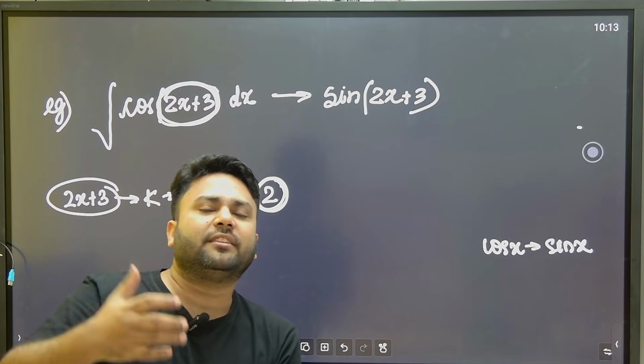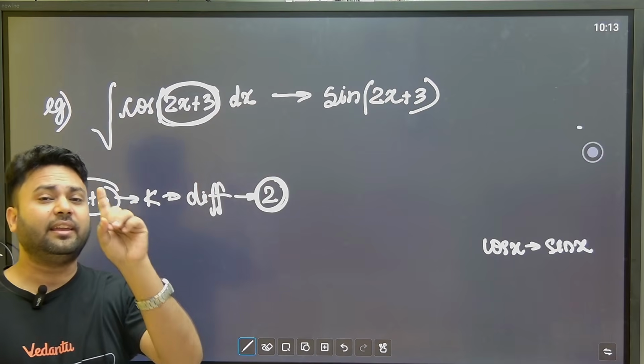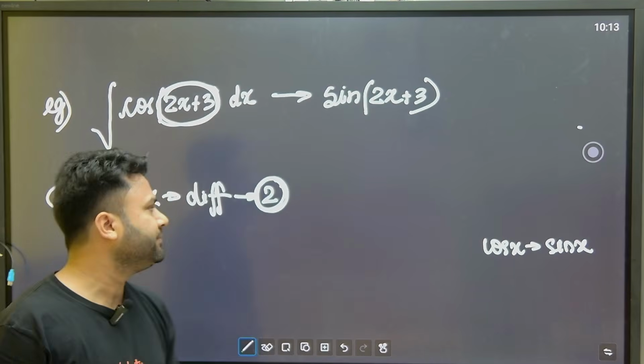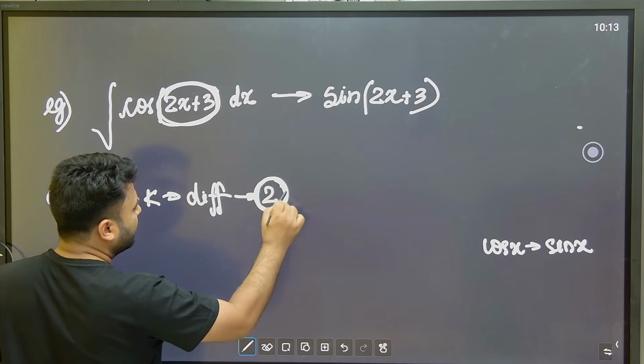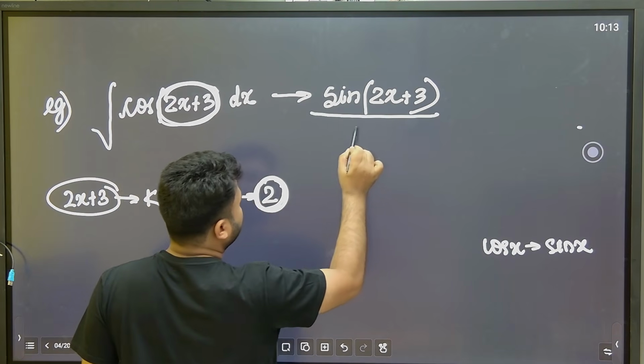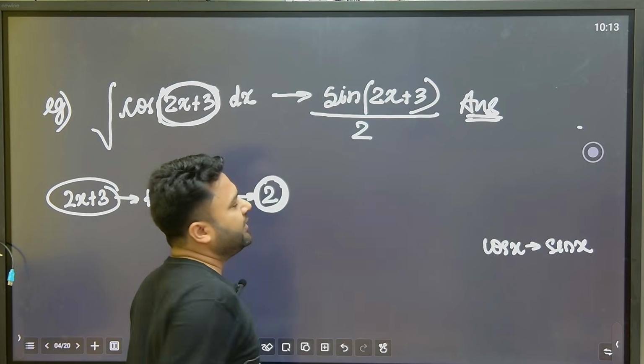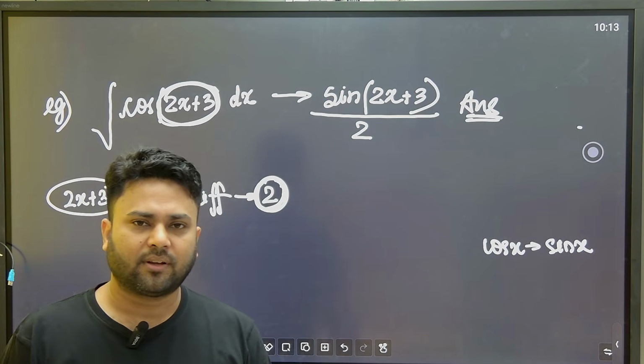We used to multiply with the step 1. But in integration we have to divide. Whatever we get upon differentiation of Kachra, we have to divide the final answer by it. So this divided by 2 will be our integration. Correct?